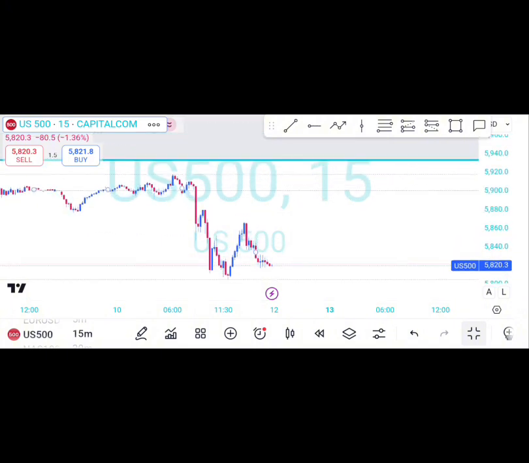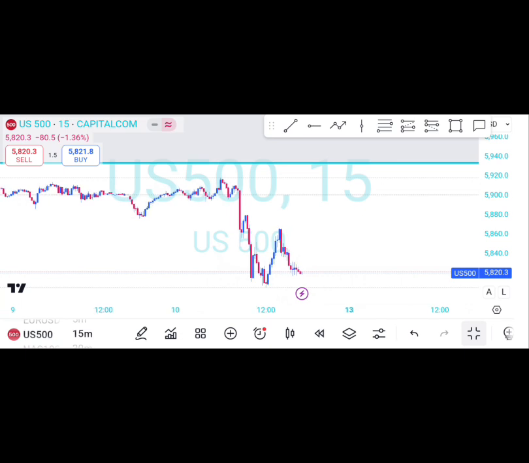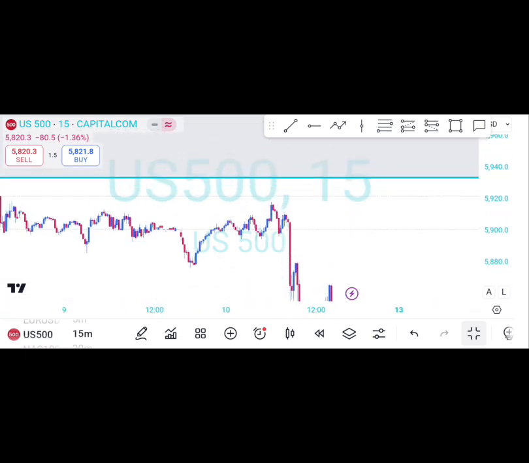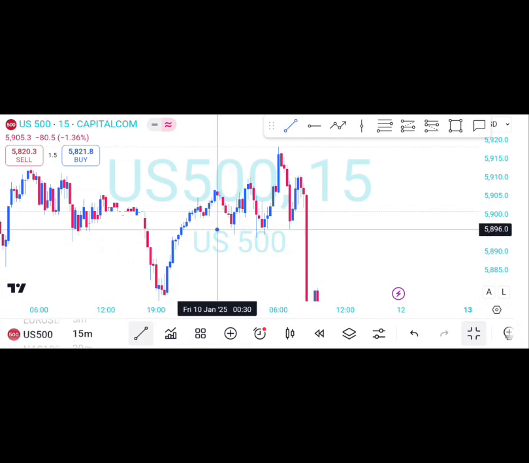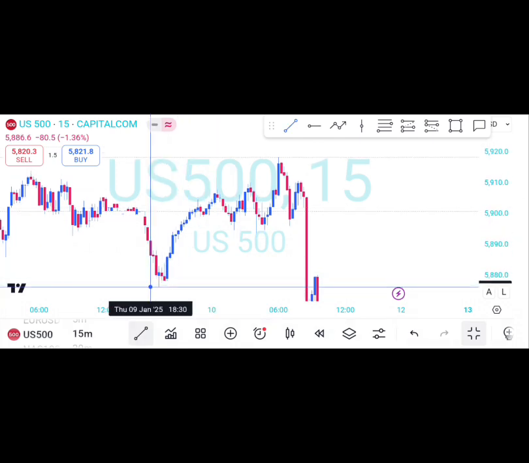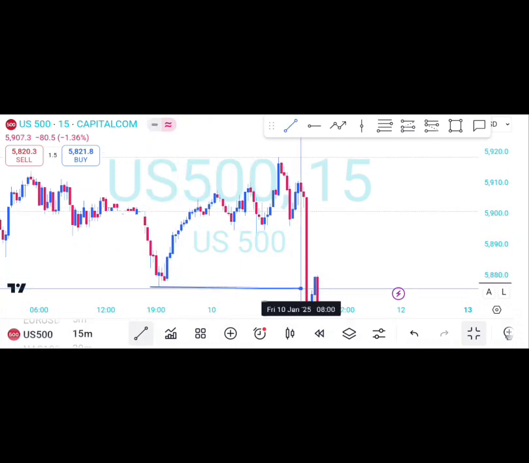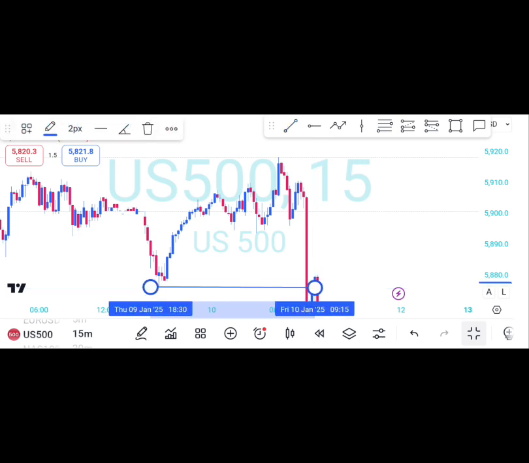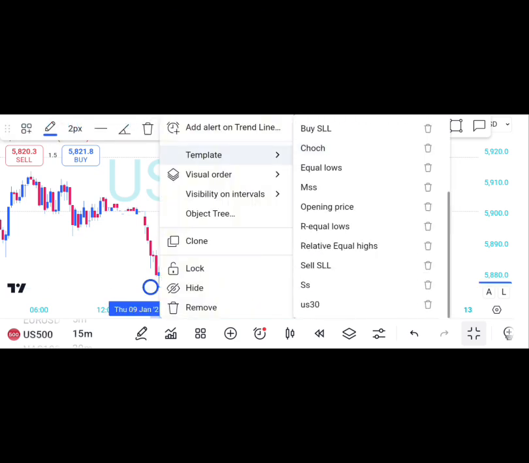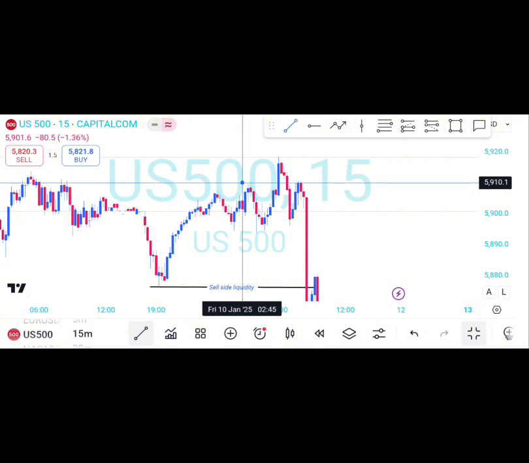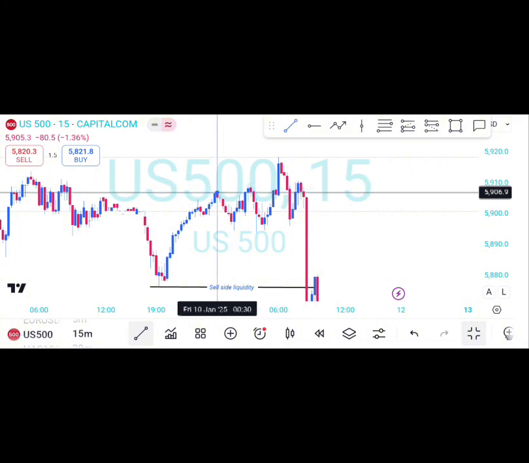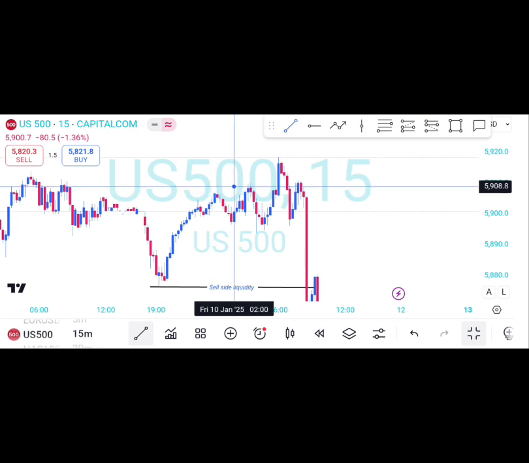Since Friday was NFP, sell side liquidity, buy side liquidity. The reason being, the open of the 12 midnight candle, we traded above it.